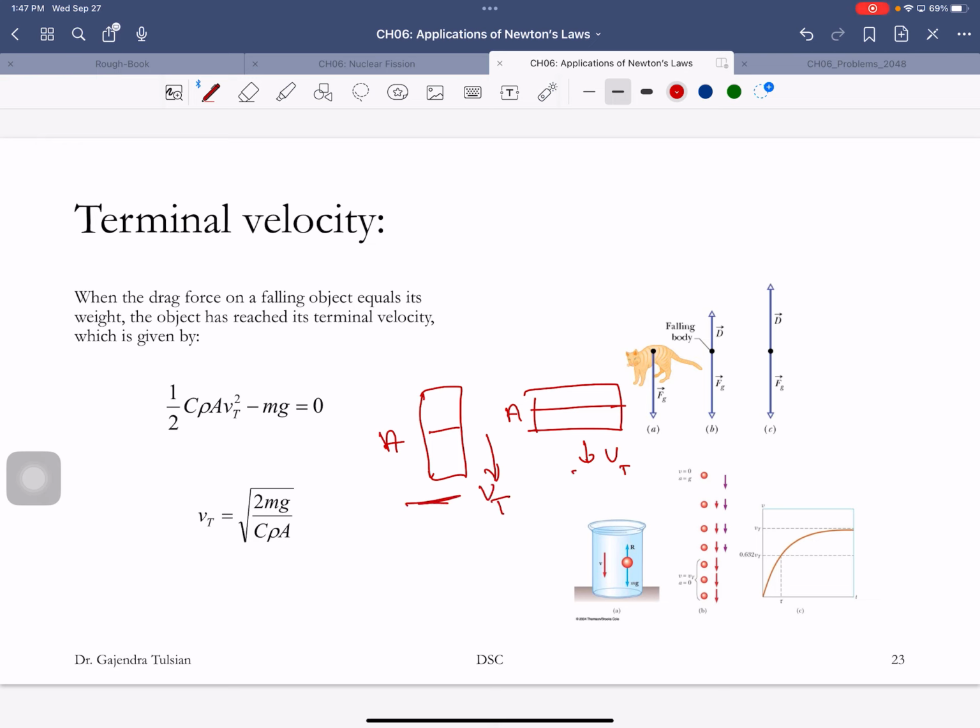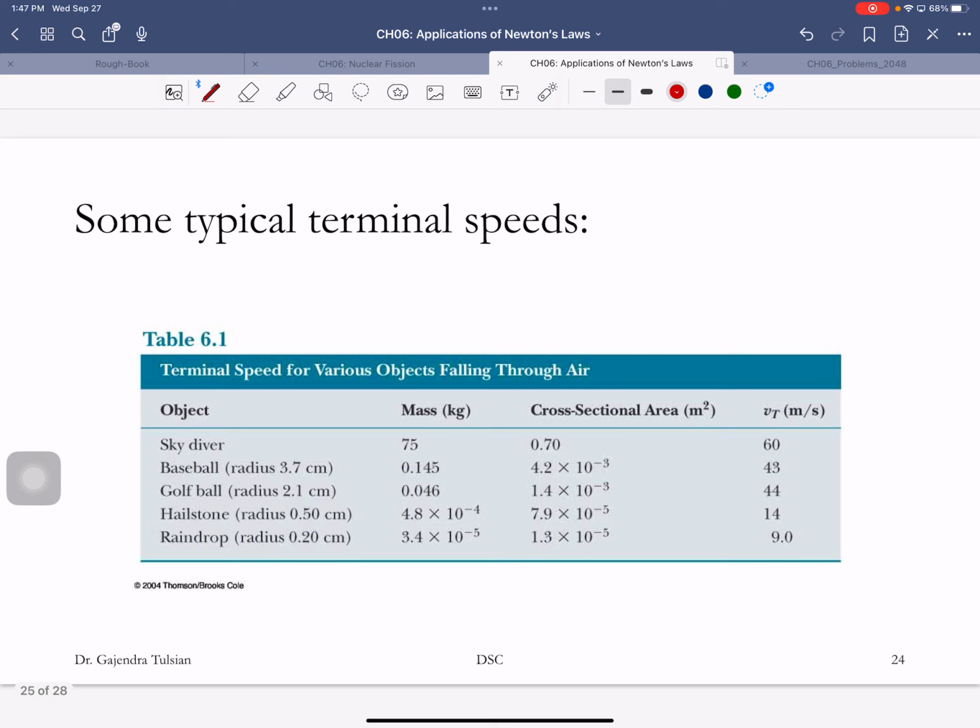This is about 180 miles an hour. This configuration is about 120 miles an hour. Now this stuff is not just academic, this is important. For skydivers, the terminal velocity is that. 10 meters a second is about 25 miles an hour, so this is about 150 miles an hour.